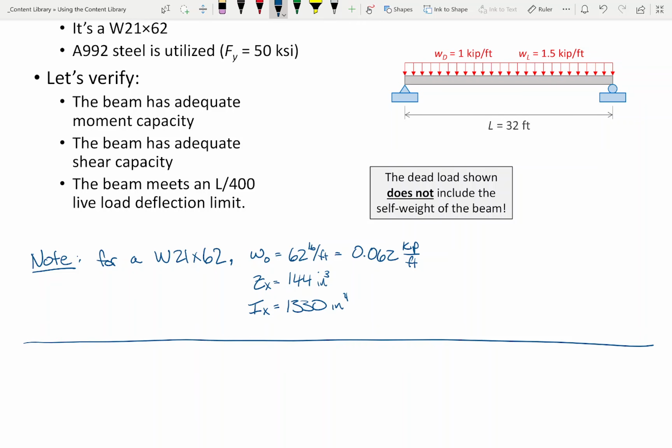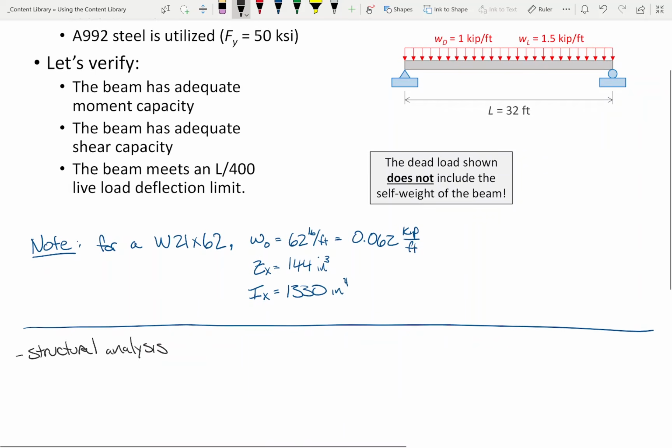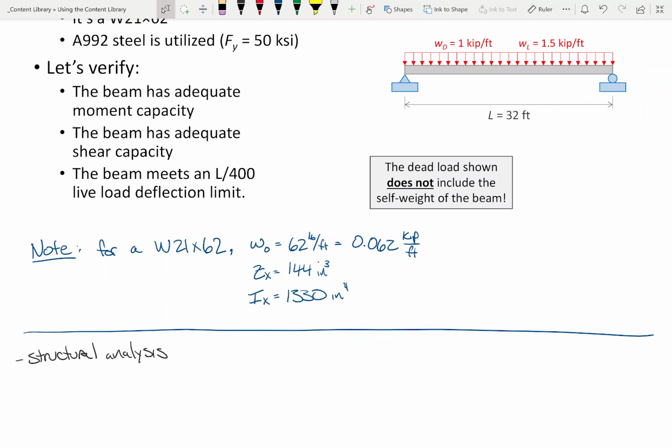All right, so the first thing we're going to need to do for this problem is perform some basic structural analysis. What I want to start training you on right now is some good habits with this structural analysis.